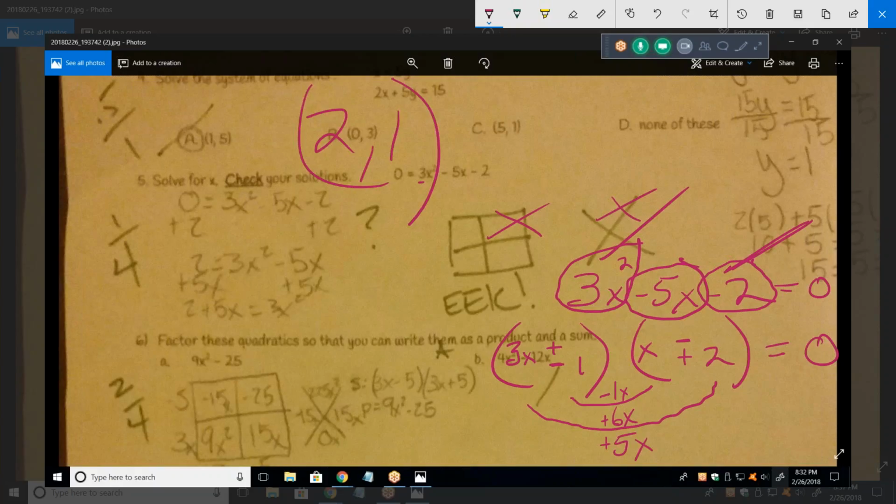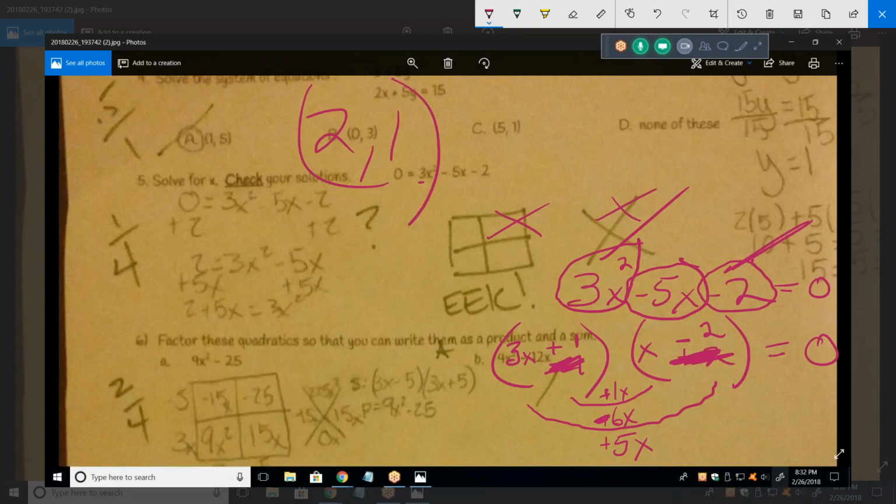Well, that's not the right middle term, but it's the right number, which means all I have to do is move this 1 up to the other sign, get rid of that one, move the 2 up to that, get rid of that one, and now the inside's going to be plus 1x, the outside's going to be minus 6x.